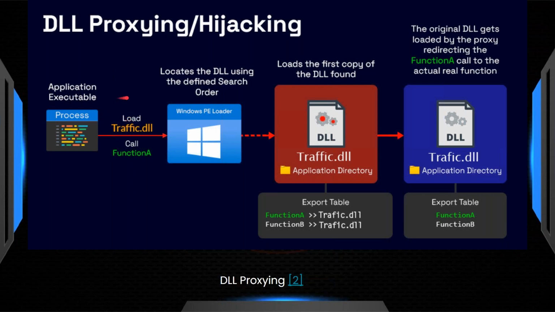By hijacking the search order, since we were able to write to the application directory, we directly dropped the malicious traffic.dll there, and we also dropped the original DLL, renamed, into the same directory.